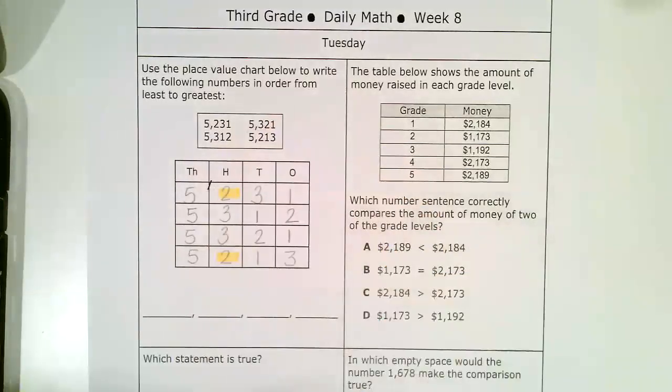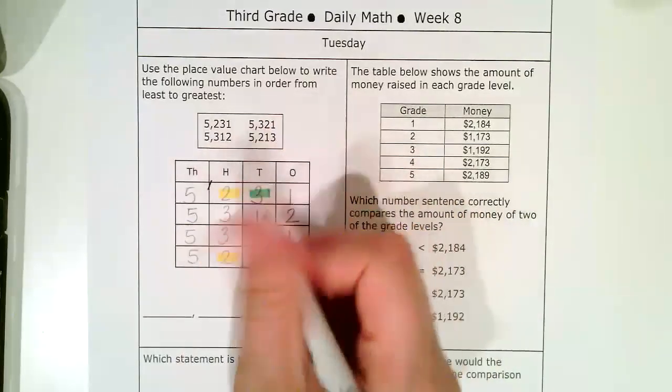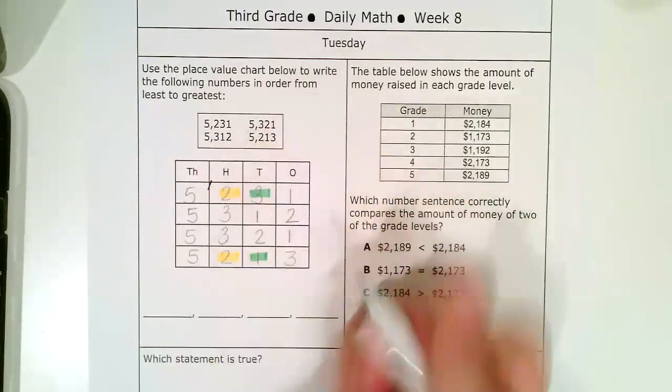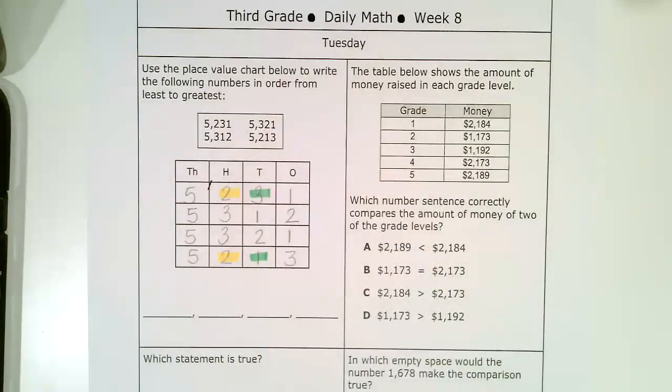Okay, so if you notice, they both have a 2 in the hundreds place. So I need to go to the tens place to figure out. Let's look at the tens place. I have 3 tens and I have 1 ten. Which one is less? The number that has the 1 in the tens place.